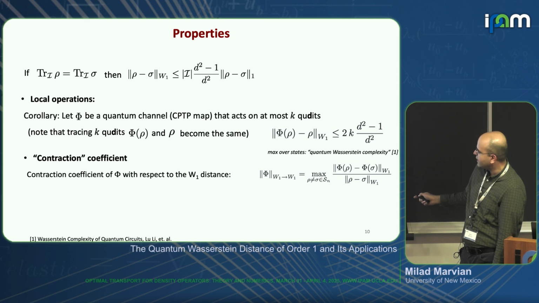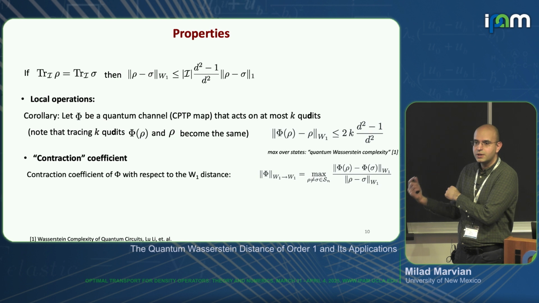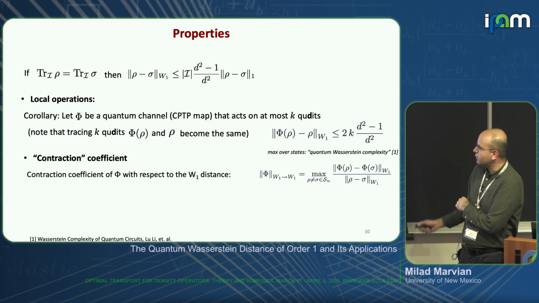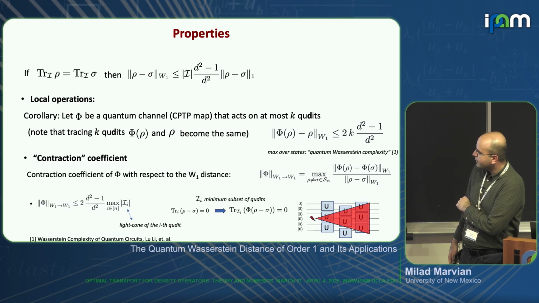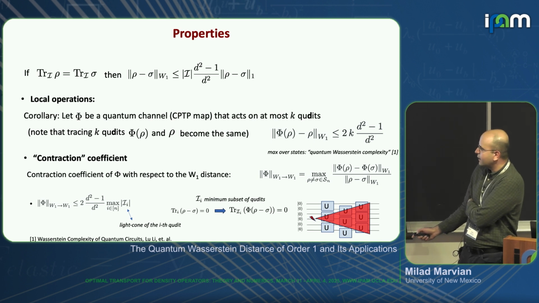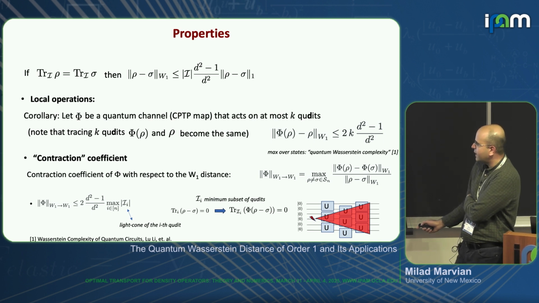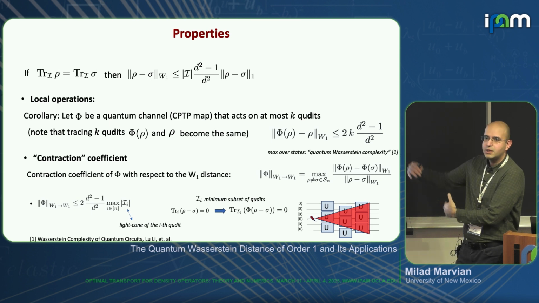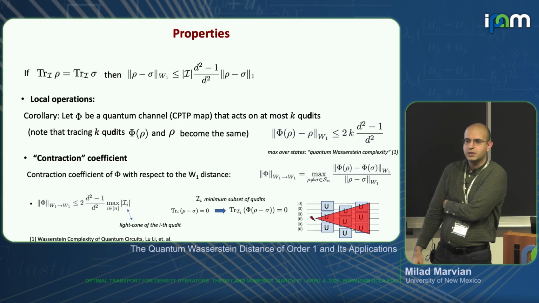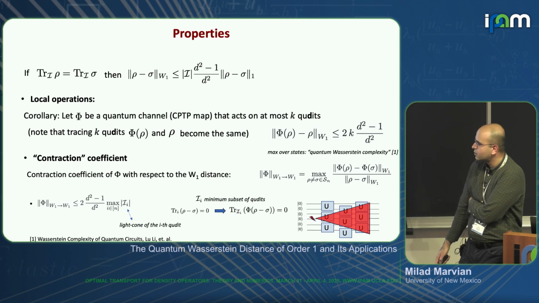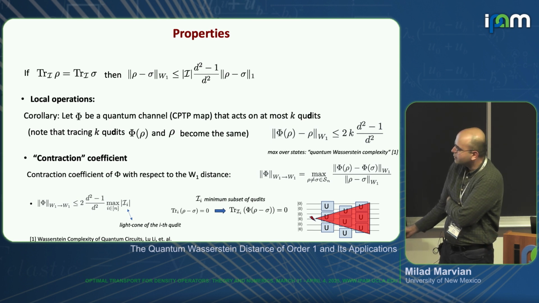I look at the Wasserstein distance of that and compare it to the Wasserstein distance of the inputs, and you can look at the maximum of that. One thing you can show is, again, it depends on the light cone of this channel. Light cone basically means if I touch one of the qubits on the input, how many qubits on the output of the channel will be changed. Okay? So it gives you a bound on that.